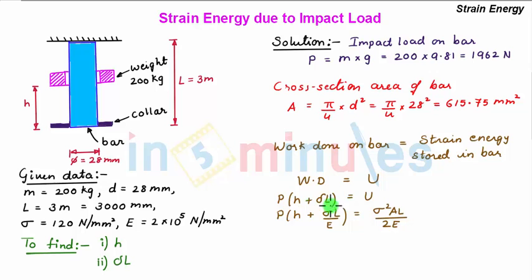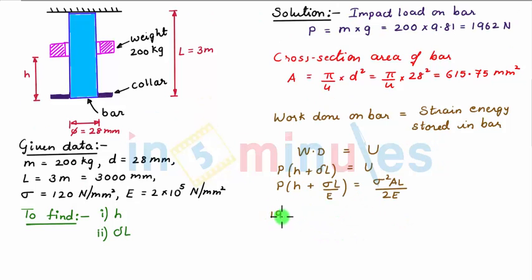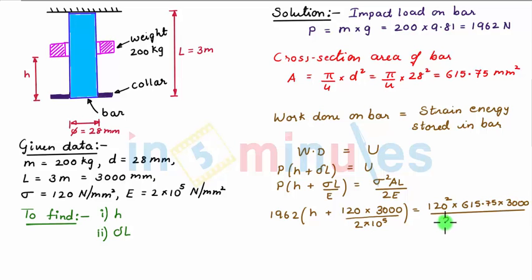Upon substituting the values of all the parameters, we have P is 1962 into h, which is to be found out, plus instantaneous stress maximum is 120 Newton per mm square into length 3000 mm upon E, which is 2 into 10 to the power 5, is equal to 120 square into area 615.75 into length upon 2E.